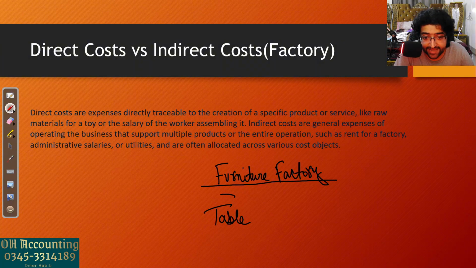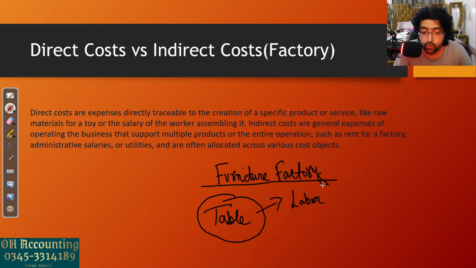What are the direct costs necessary to manufacture this table? First of all, the labor that is working on this table, ठीक है, whose specific job is to manufacture this table. He took the wood and then he's cutting the wood, he's joining the pieces together, and he's preparing the table. He's also polishing the table later. So that labor is called direct labor, those who are directly involved in manufacturing of the products.